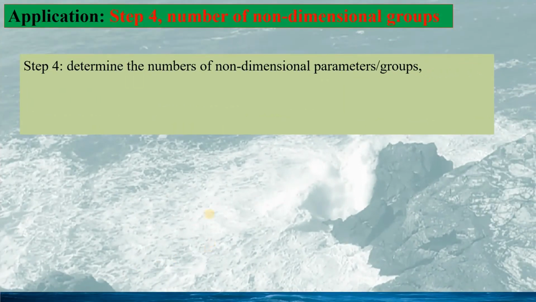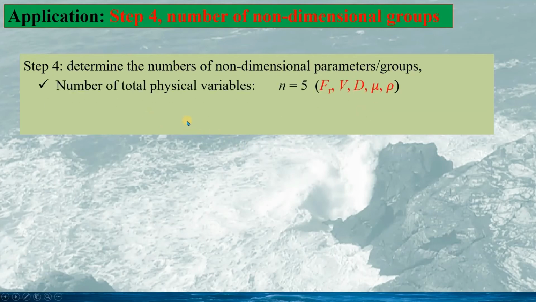Step 4 is easy: determining the number of the non-dimensional parameters or groups. Since we already know the number of the total physical variables, in this example, n is equal to 5 for 5 physical parameters, Fr, V, D, mu, and rho.